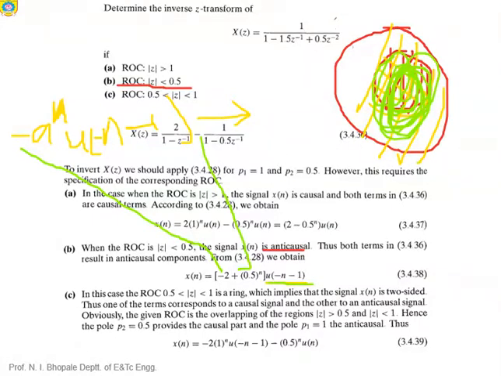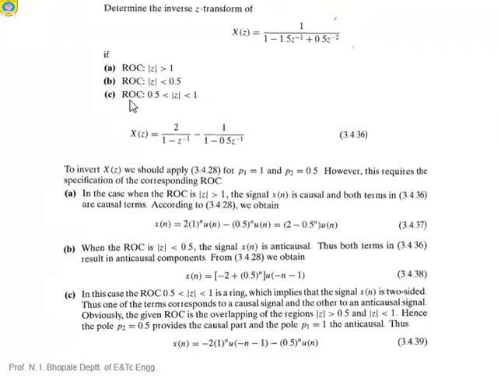Now let's concentrate on the other case, when the ROC is in between 0.5 and 1. Let's say this is the circle with radius 0.5 and the other circle has radius 1.